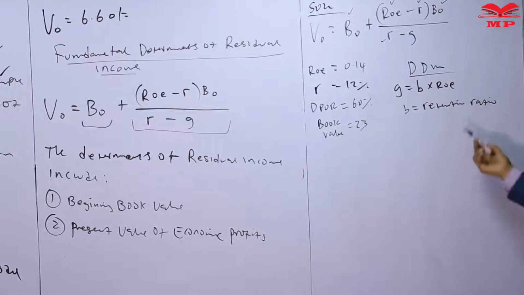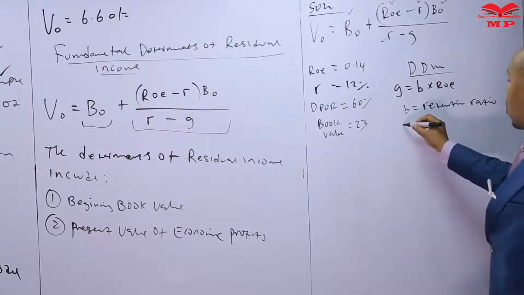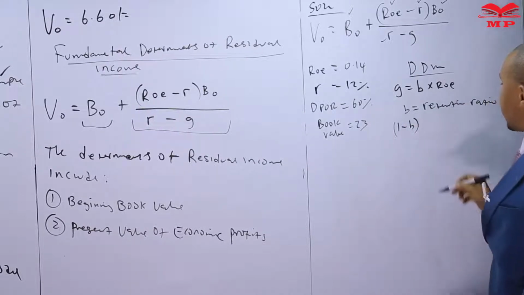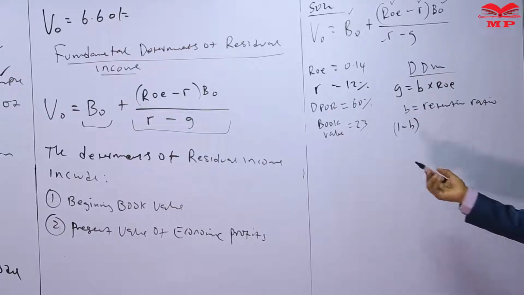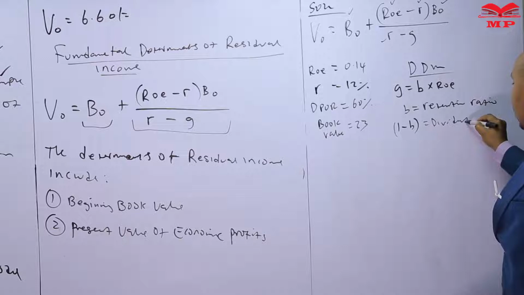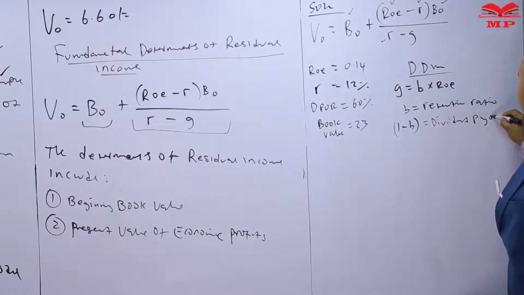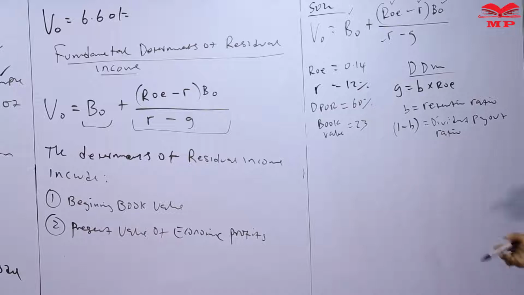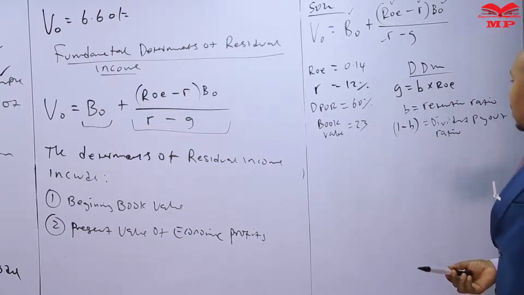So we need to recall this. So what we have is 1 minus b, because if b is the retention ratio, 1 minus b is the dividend payout ratio, and we have it right here as 60%.